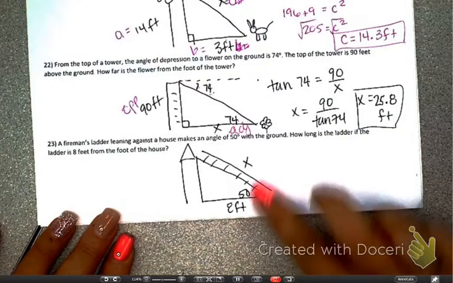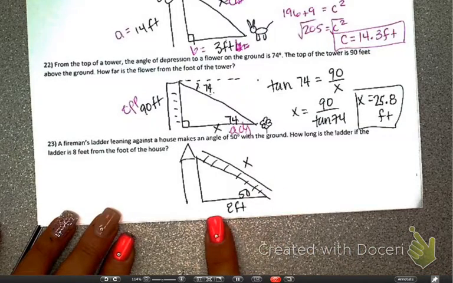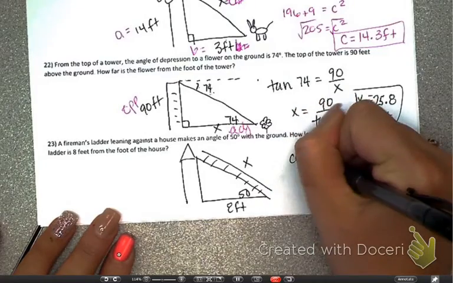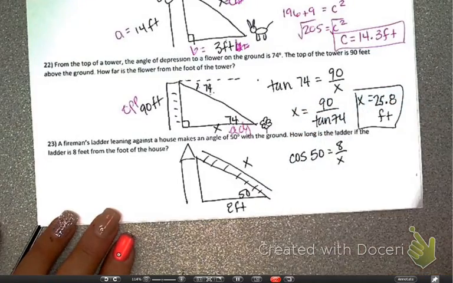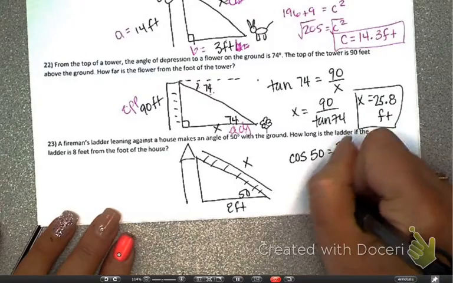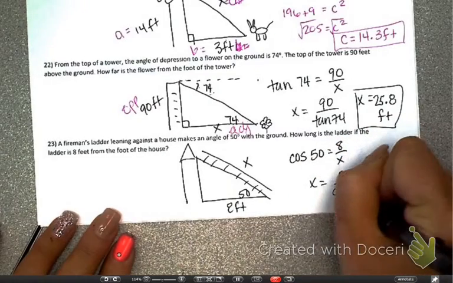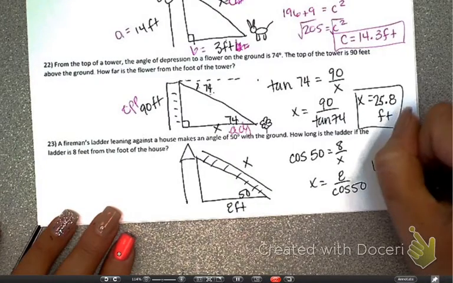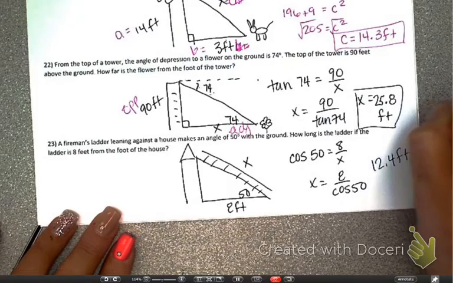Okay, here's your ladder. It's 8 feet from the foot of the house. So I'm using cosine. Cosine of 50 equals adjacent over hypotenuse. Flip and divide. I am getting 12.4 feet.